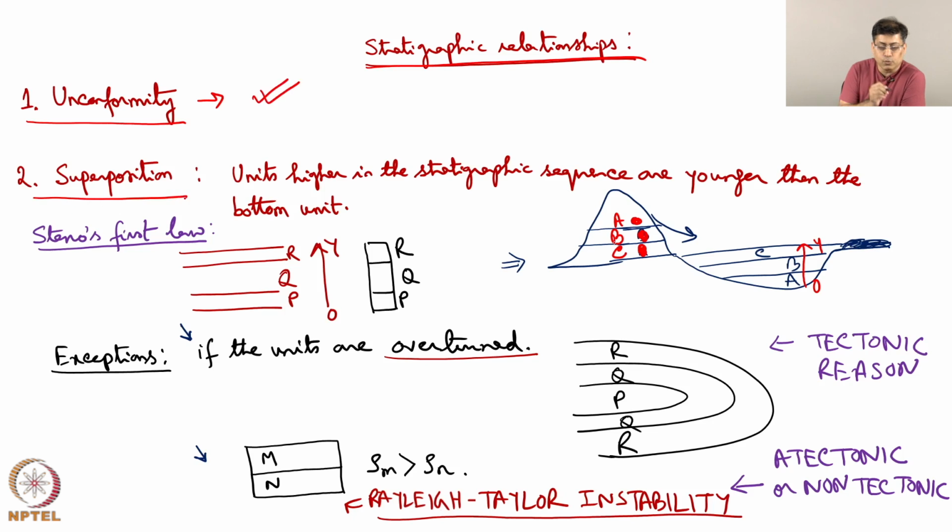The principle of superposition is also known as Steno's first law. Steno gave this simple law that units higher in the stratigraphic sequence are younger than the bottom unit. I will explain it. Steno originally gave this concept for depositions that happen within water.